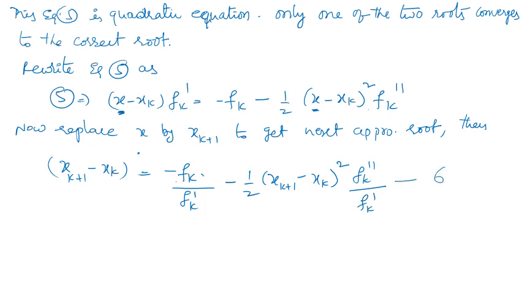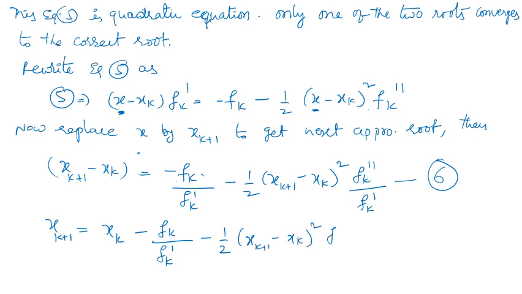Take this as equation 6. Now this is important: xk plus 1 equals xk minus fk by fk dash, minus 1 by 2 xk plus 1 minus xk whole square fk double dash by fk dash. I am just taking this xk onto the right side, that's it.